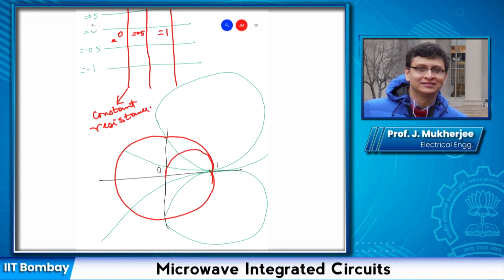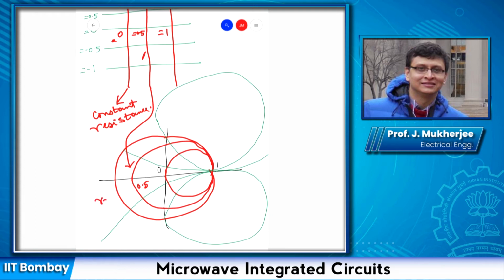So the previous one was the Z plane. This is the gamma plane. And from an R equal to 0.5 straight line, this one has transformed to this. It's an R equal to 0.5 circle.